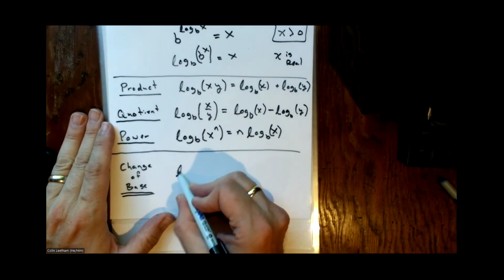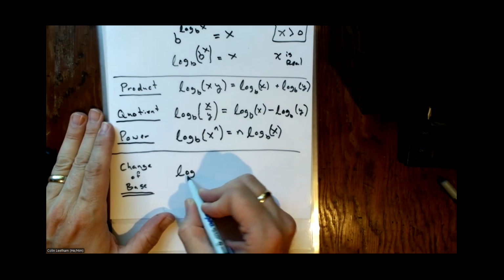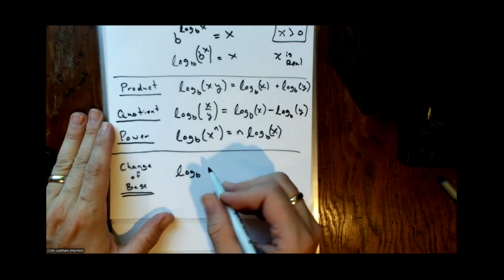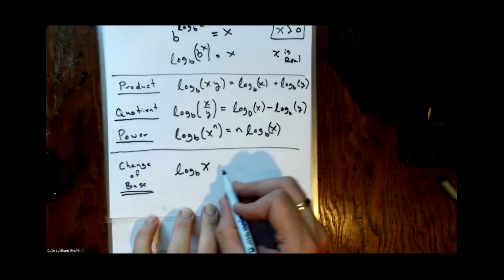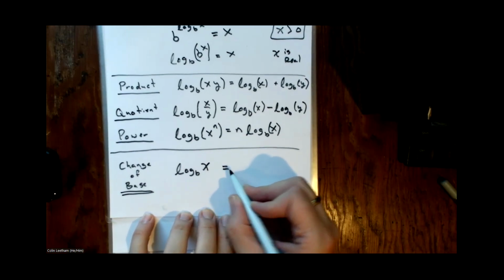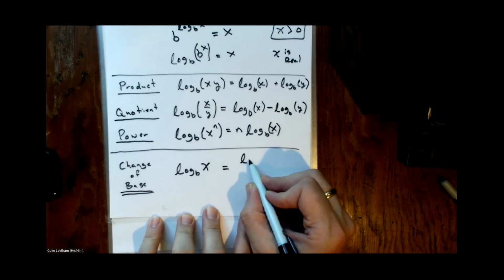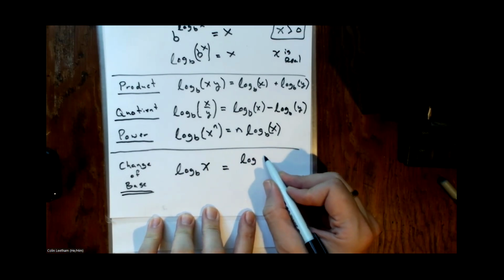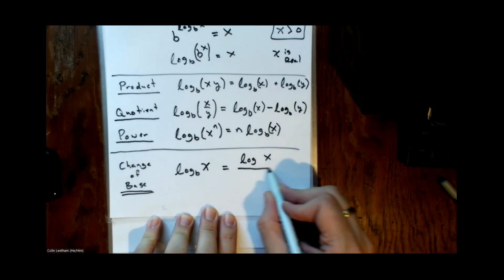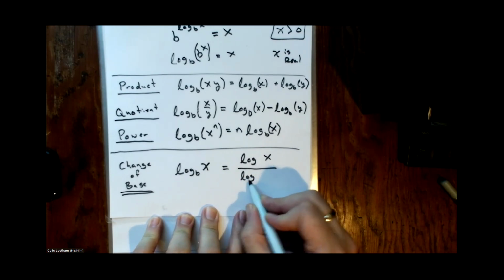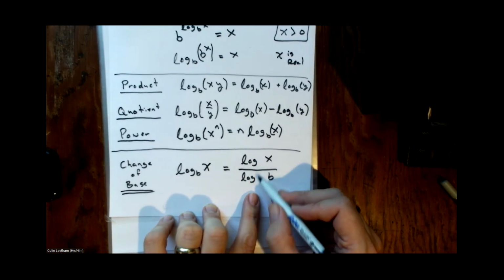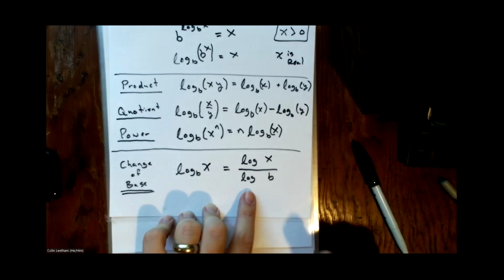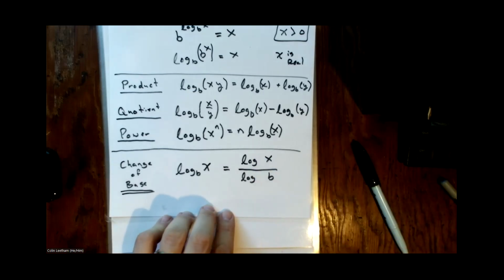But say I've got log base b of x. Well, I could rewrite this as log of x over log of b, as long as I've got a consistent base for this other thing.